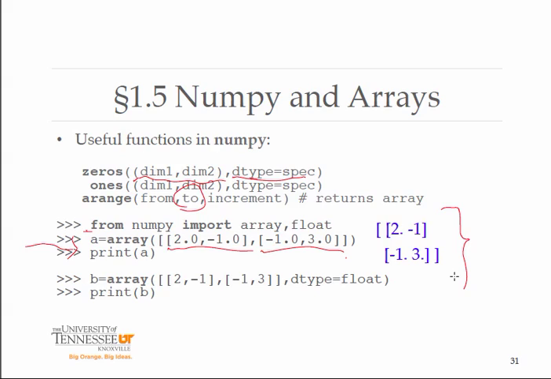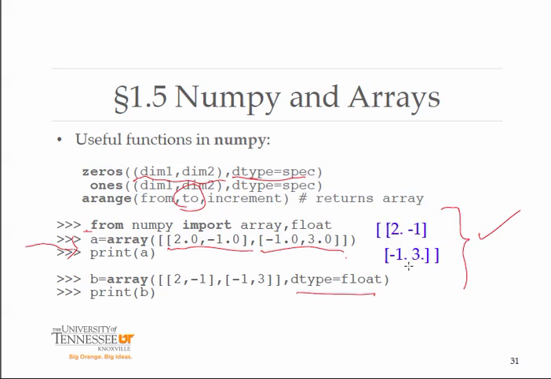Below is another way of calling array. You don't always have to pass literal floating point values like we did in the first call. You could give it a list that has integers in it and then have it convert them all to floats in storage. So it turns out this print B will actually have the same output as indicated on the screen. Both of those prints generate that two-dimensional array with 2, -1 on the first row and -1, 3 on the second.